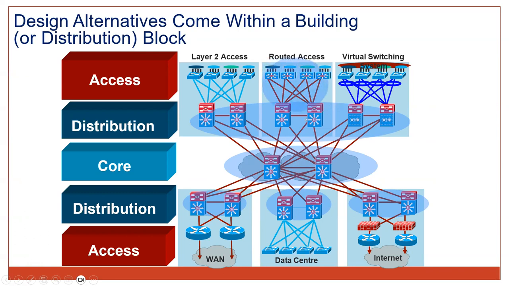So in your network, you may have a routed LAN, you may have L2 LAN. That's why you can see L2 access, routed access, or you may have virtual switching. Virtual switching is also L2, and that is something that will protect you from the STP issues.